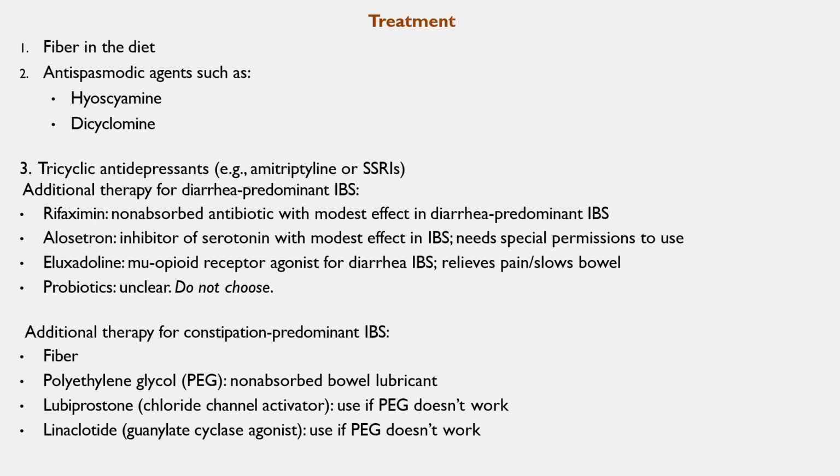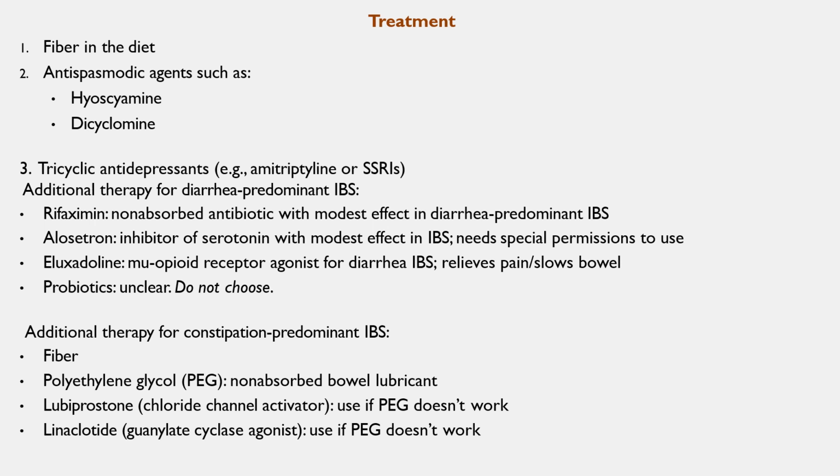Additional therapy for constipation predominant IBS. This is fiber, number 1, fiber. Number 2, PEG, which is polyethylene glycol, which is not absorbed, a lubricant. Number 3 is lubiprostone, which is a chloride channel activator.